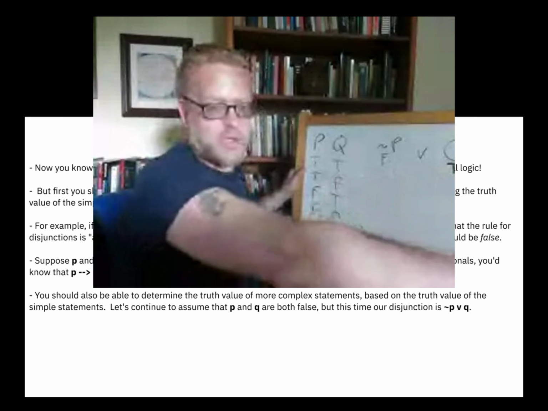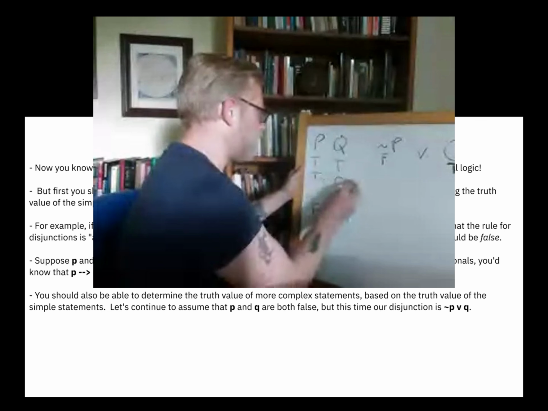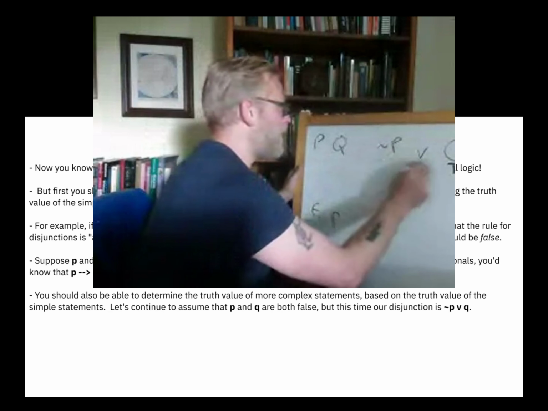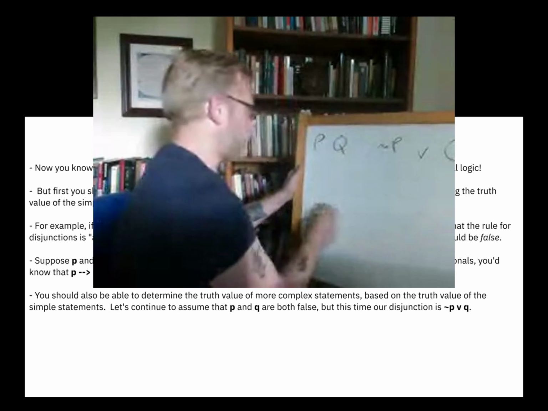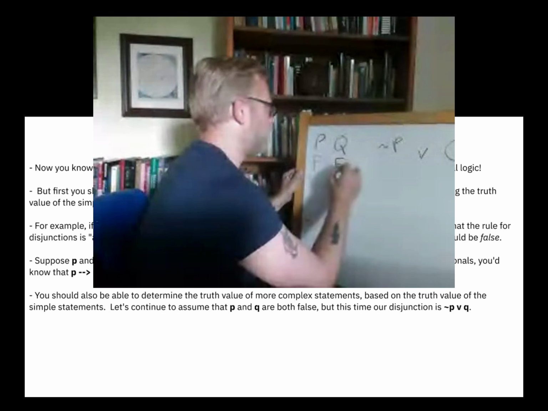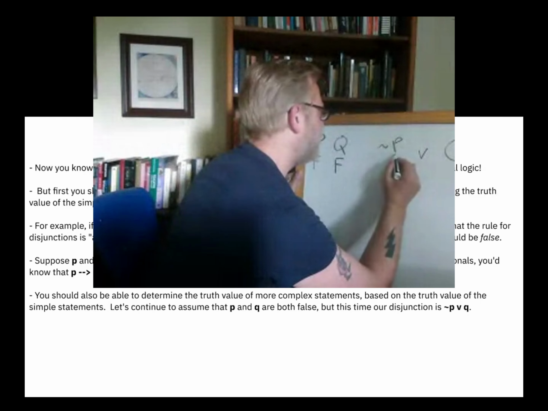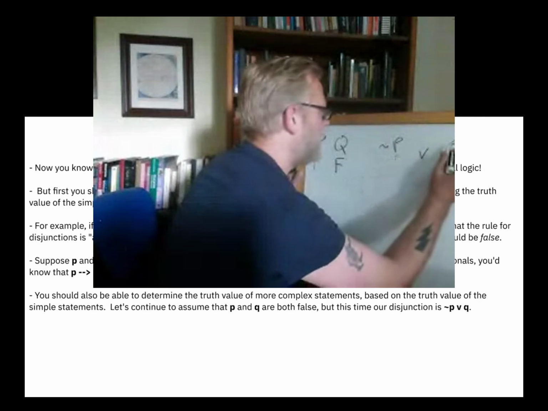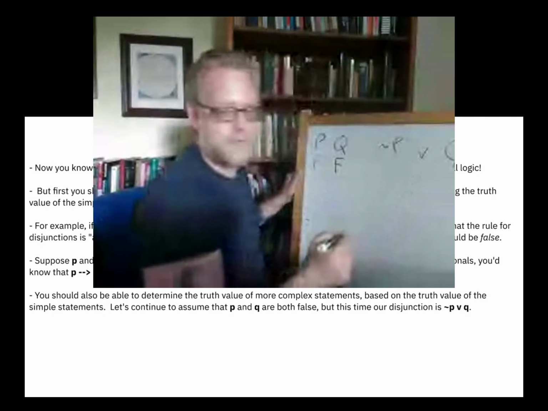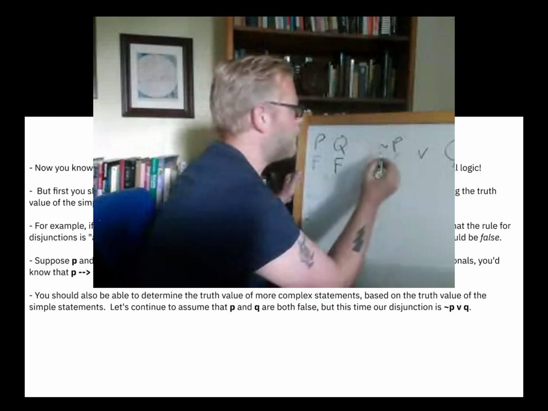Now, of course, we're just interested in the one where P and Q are both false, so let's not even look at these ones. If we're supposed to imagine that P and Q are both false, then I could put a little F underneath P to remind myself that that one's false, and a little F underneath Q to remind myself that that one's false. But then I could put a true underneath this one.